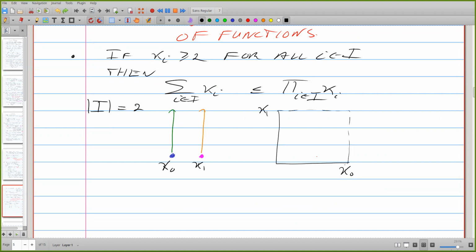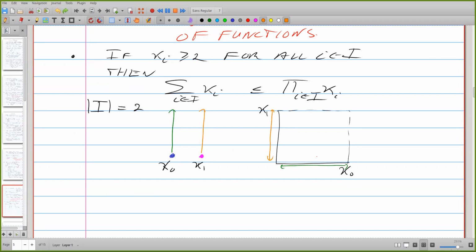And why is this set smaller than the other set? Because there is an injection. I can take the non-zero ordinals of kappa 0 and put them on the x-axis. I can take the non-zero ordinals of kappa 1 and put them on the y-axis.